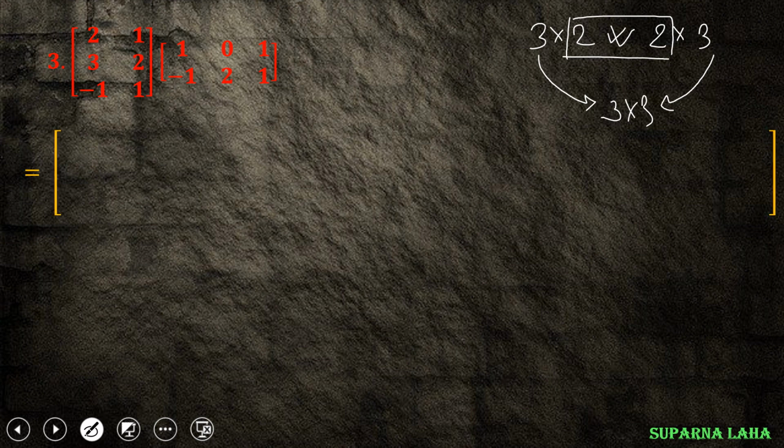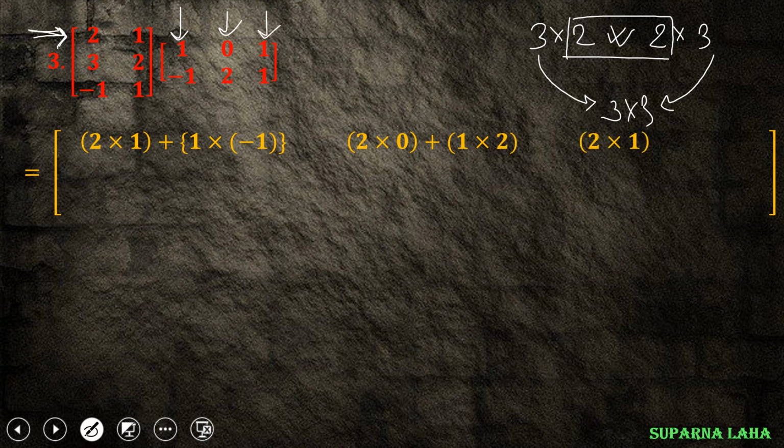So you have to move row with column. First row with first column, 2 into 1 plus 1 into minus 1. First row second column, 2 into 0 plus 1 into 2. First row third column, 1 into 2 plus 1 into 1.